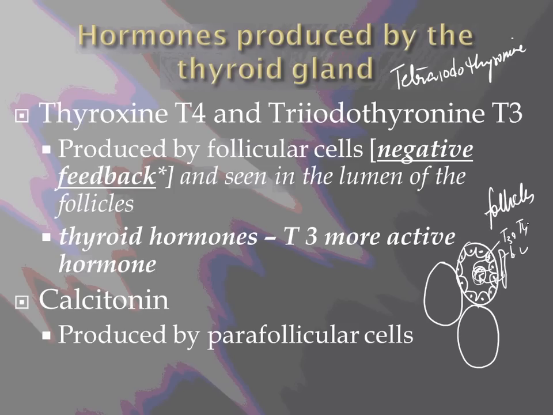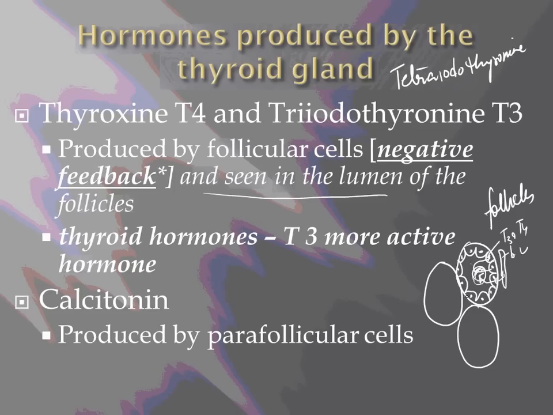So I'll show you this picture, but I'm just giving you an example. It's a little roundabout way, because the cell cannot take in iodine and bind it inside the cell itself. It has to come into this lumen and bind it, which is why T3 and T4 are found in the lumen. So that's what I mean by it's seen in the lumen of the follicles, okay?